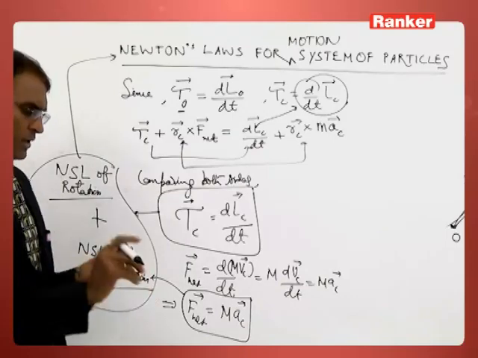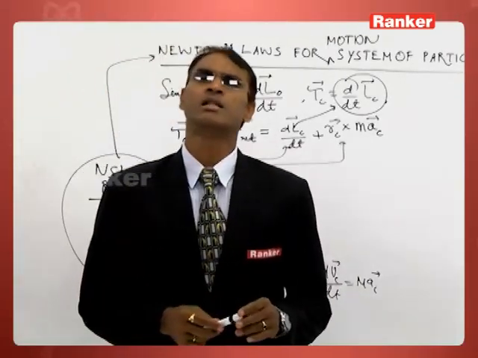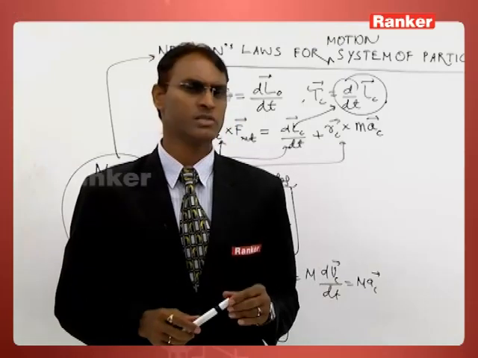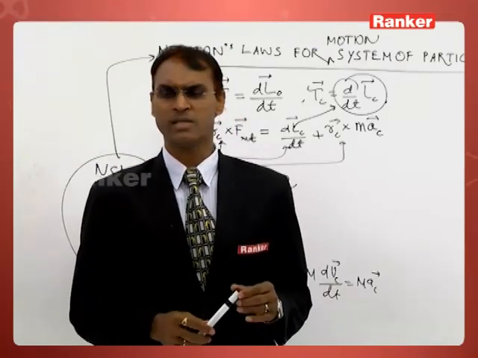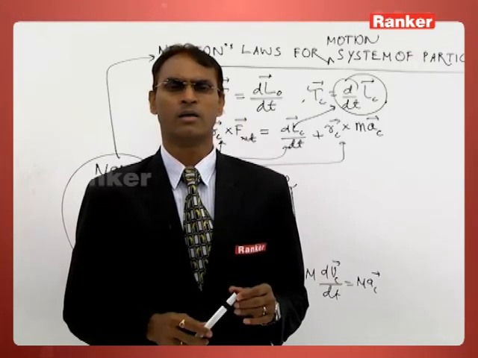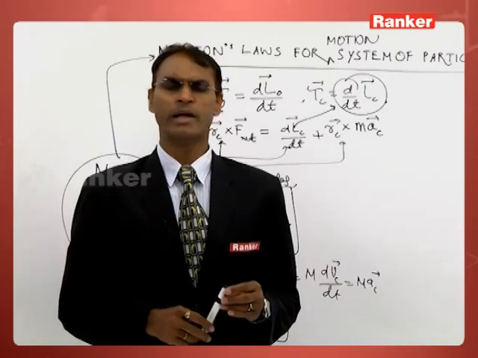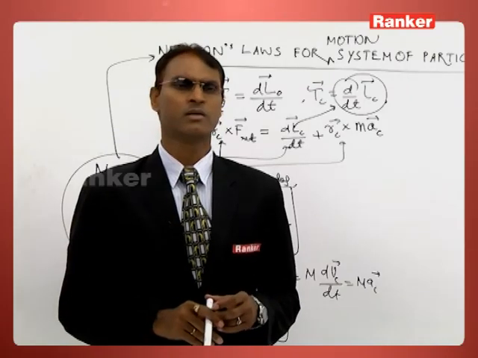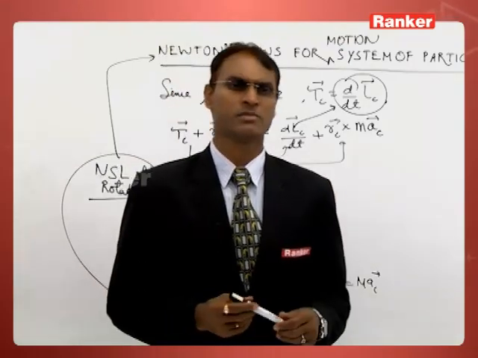Now we have put all the equations, all these ideas, the theoretical details of the system of particles, both rotation and translation. And to understand all these ideas, let us supplement them through some problems as concluding examples.